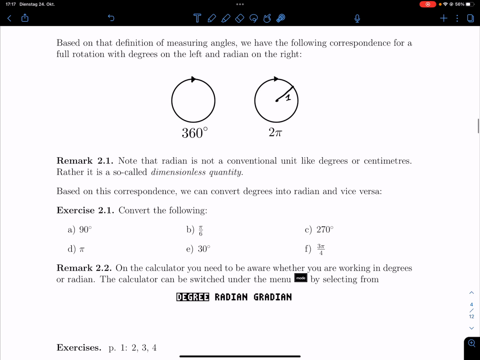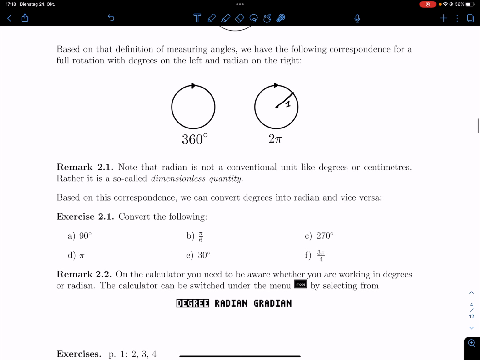It's just that then the full rotation here would be 2 pi times whatever radius you choose. And if you choose, for instance, 3, the full rotation would be 2 pi times 3, so 6 pi. Would work equally well. Historically, people just agreed on a radius of 1 because it's the easiest number.